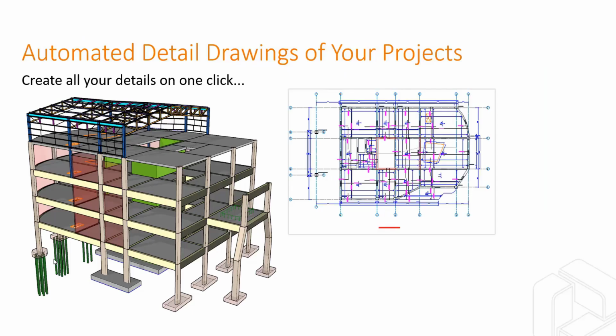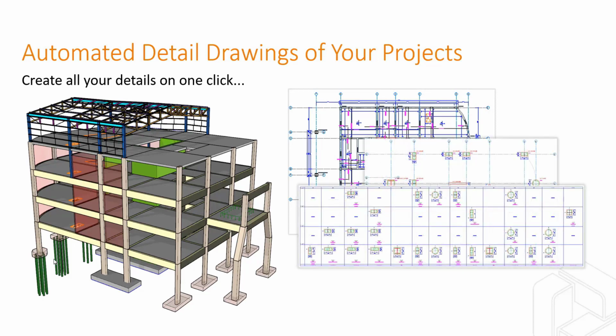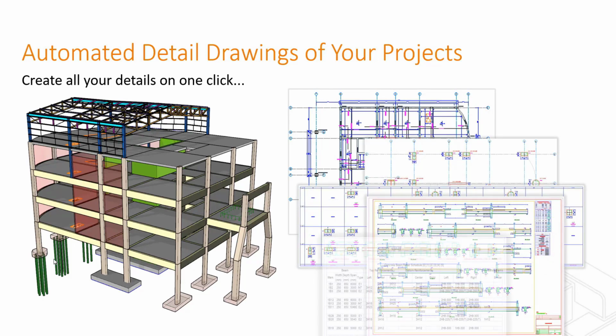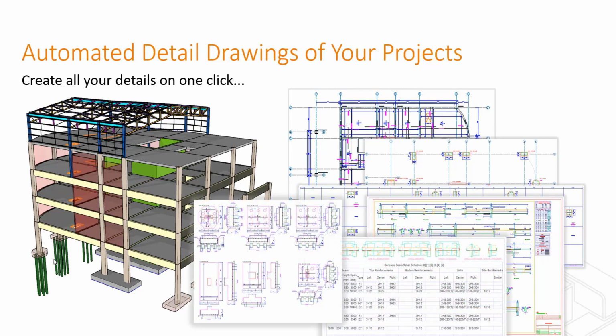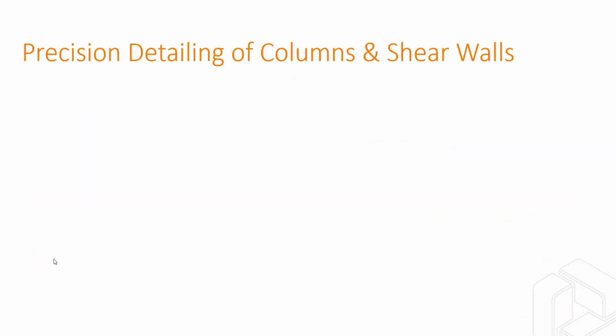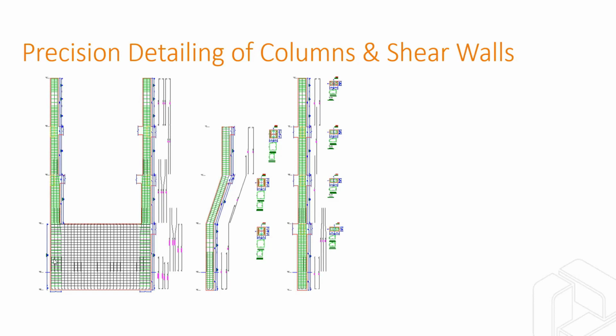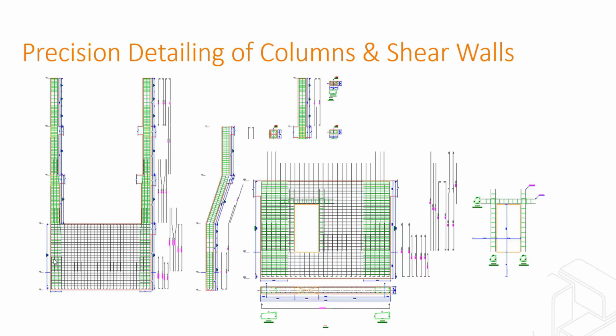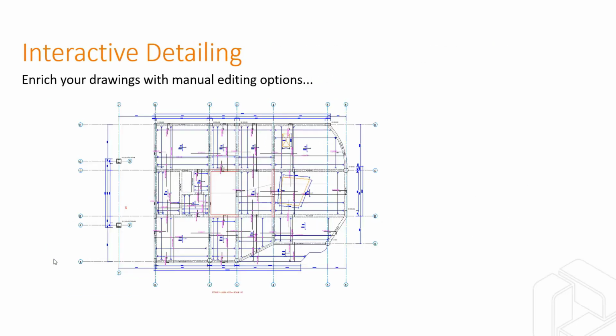We've seen that you can automatically create drawings of your ProtaStructure projects with just a single click. And you can place them into your title blocks that you have generated. And you can make precision detailing of columns and shear walls. And there are also many options to enrich your drawings manually.